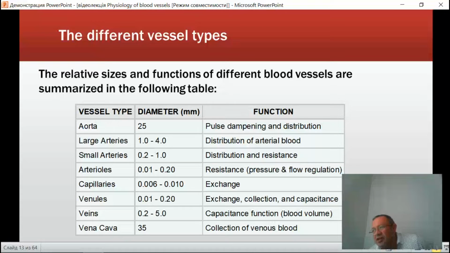Main function: exchange, collection, and capacitance. Next type is veins with diameter from 0.2 to 5 millimeters, with main function capacitance, like blood volume. And last type is vena cava, big vena, diameter 35 millimeters. Have function collection of venous blood.